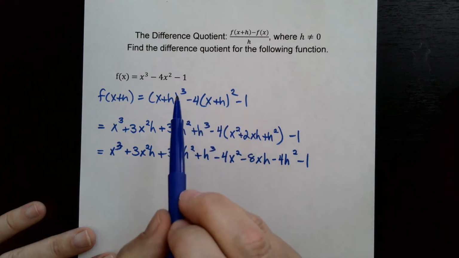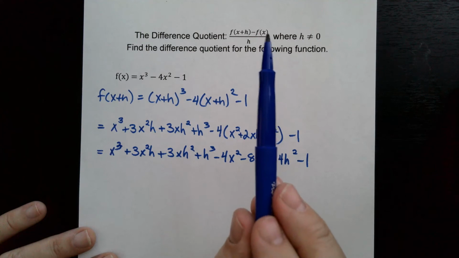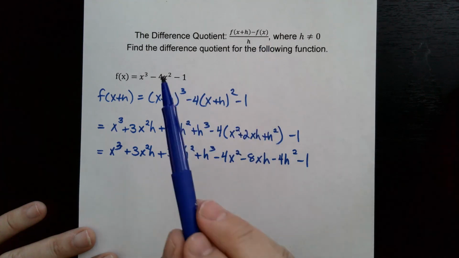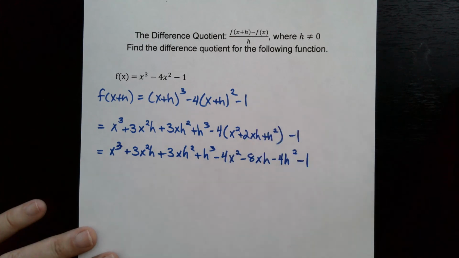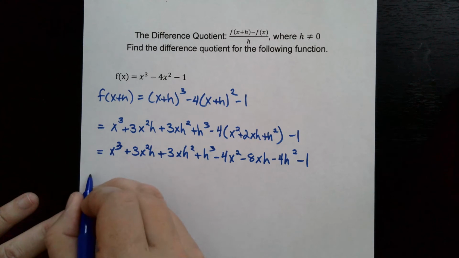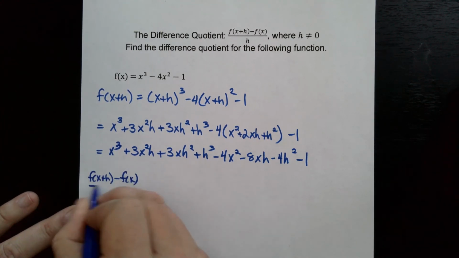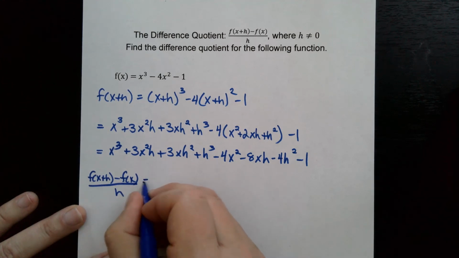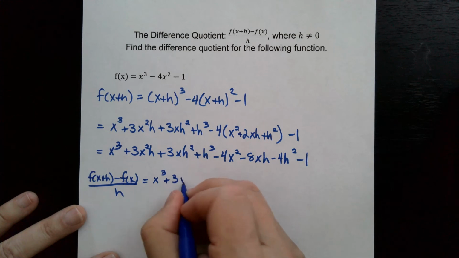Since we don't have any like terms, let's continue with our difference quotient. We've plugged x plus h into this function and got all this stuff, and now it says subtract f of x and then divide by h. So the difference quotient, f of x plus h minus f of x, divided by h, is equal to this stuff.